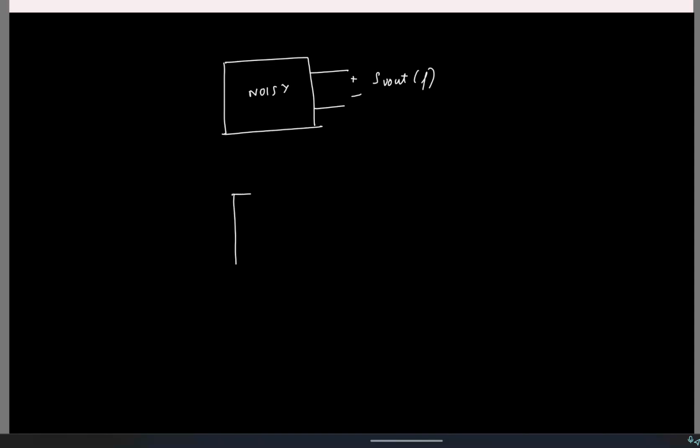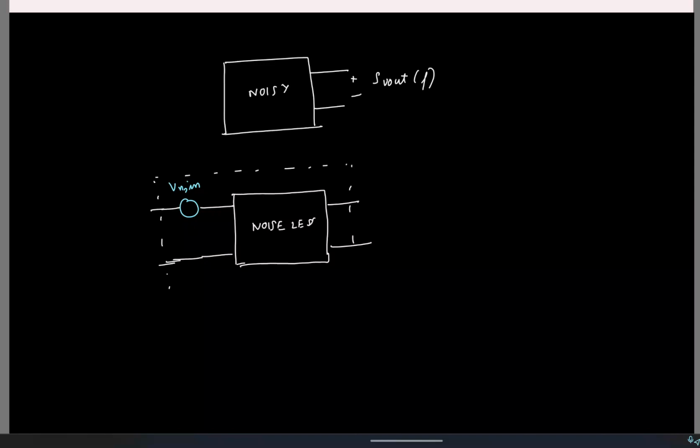So what we do is the following: we assume that this network is noiseless and the entire noise is arising due to some voltage source that I am adding at the input. I'll call it Vn in. Whatever is within the dotted box is the overall noisy network.